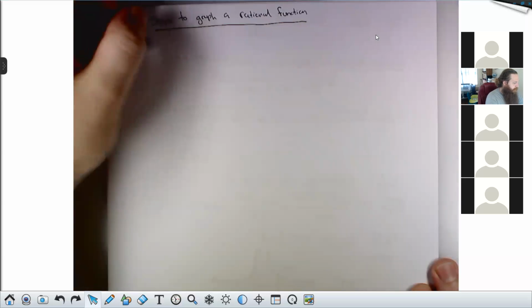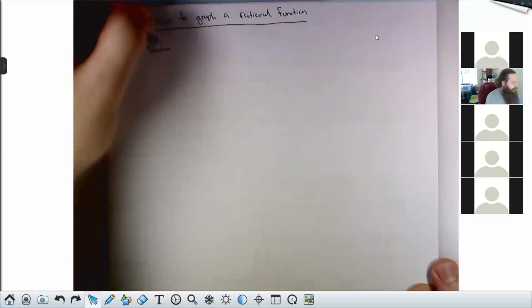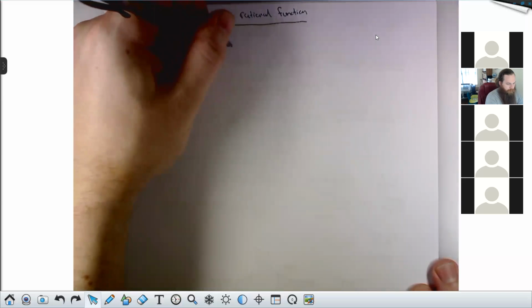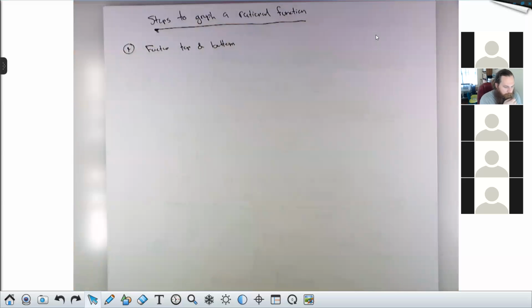First, factor top and bottom. There might be some stuff that cancels. If stuff cancels, make note of that.